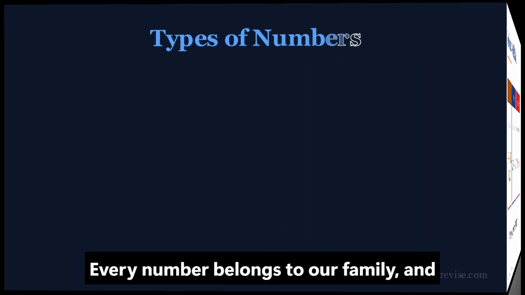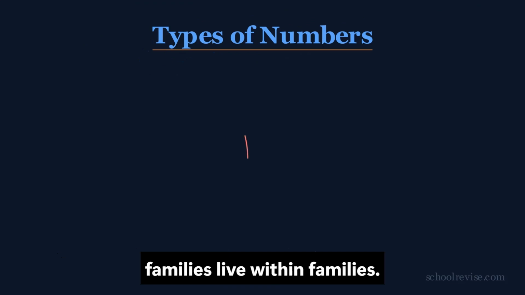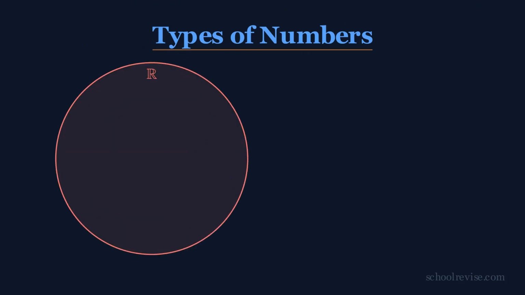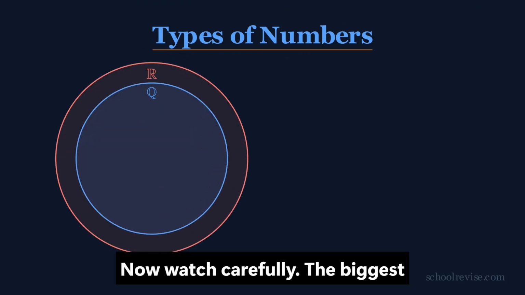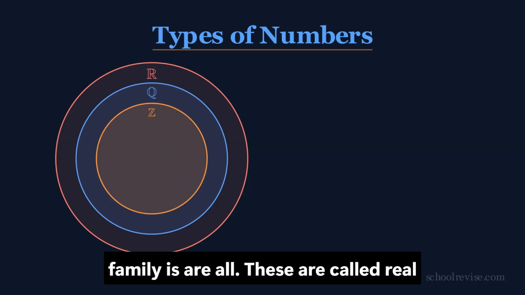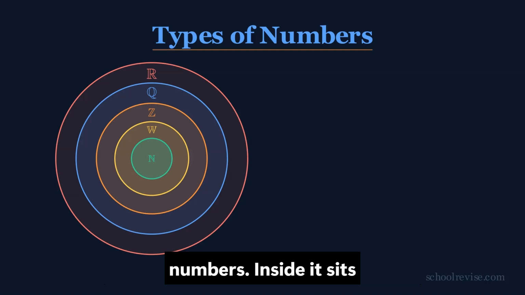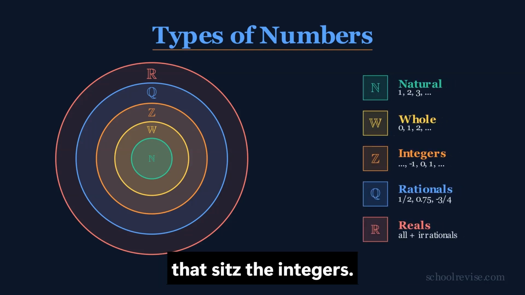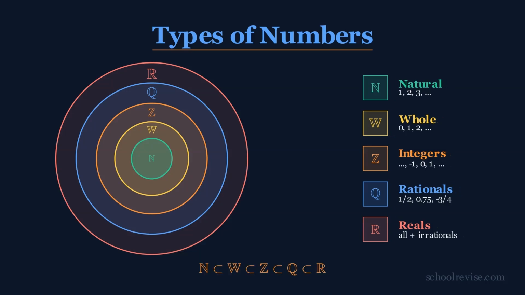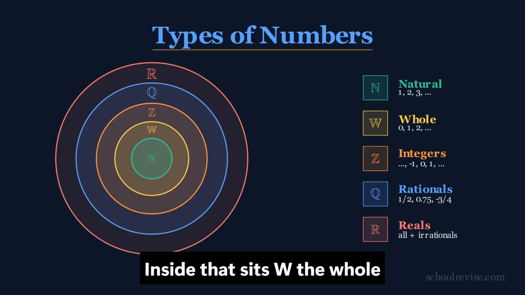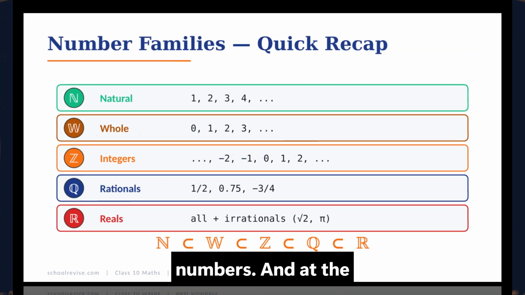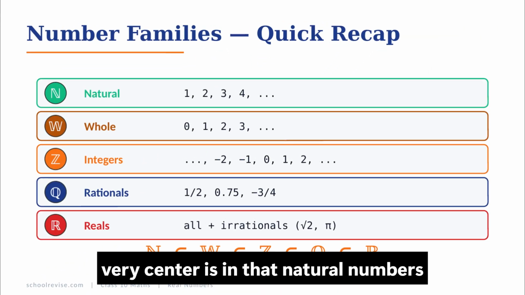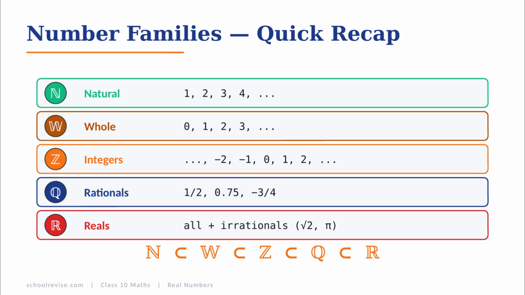Every number belongs to a family, and families live within families. Now watch carefully. The biggest family is R. All these are called real numbers. Inside it sits Q, the rationals. Inside that sits Z, the integers. Inside that sits W, the whole numbers. And at the very center is N, the natural numbers, 1, 2, 3, and so on.